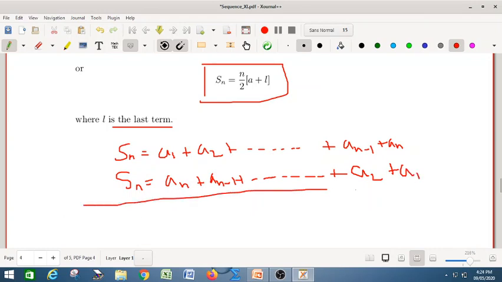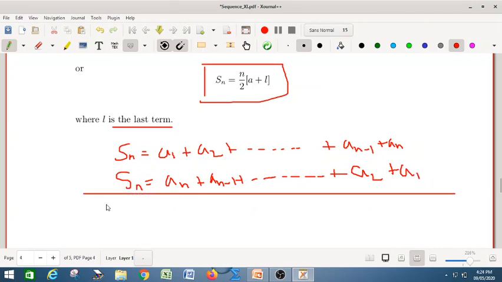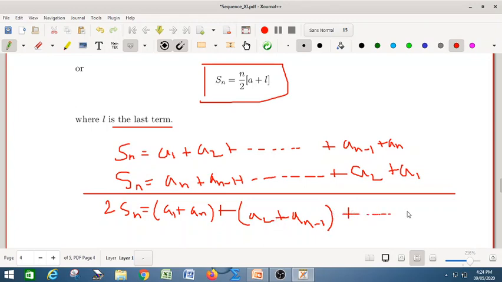Now add these two series. We have 2Sn, then we have the first bracket is a1 plus an, and the second bracket is a2 plus an minus 1, and so on. You have the last term as a1 plus an.